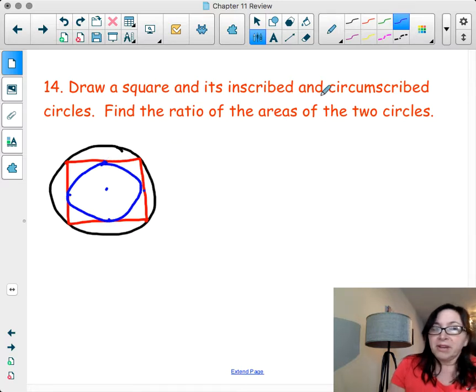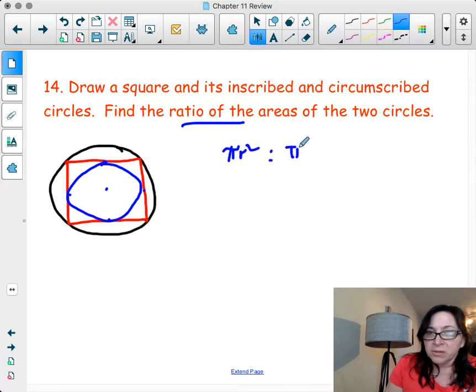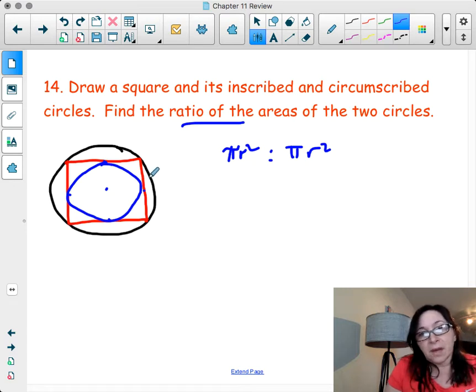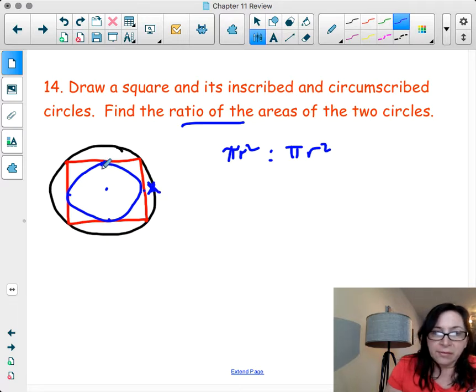We don't have any other information except that we want to find the ratio of the areas, which basically means we're going to find pi r squared to pi r squared. We don't have a length, so let's just call this side length x. And so therefore, this right here, which is halfway down the square, would be x over 2.